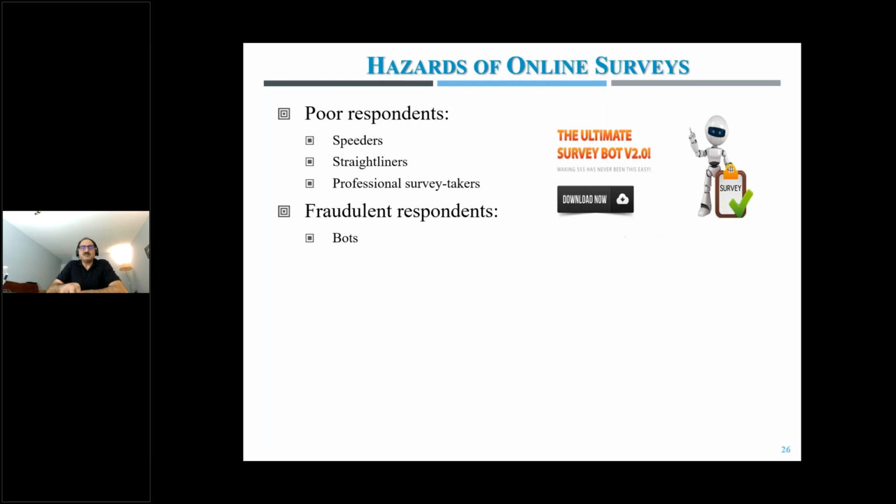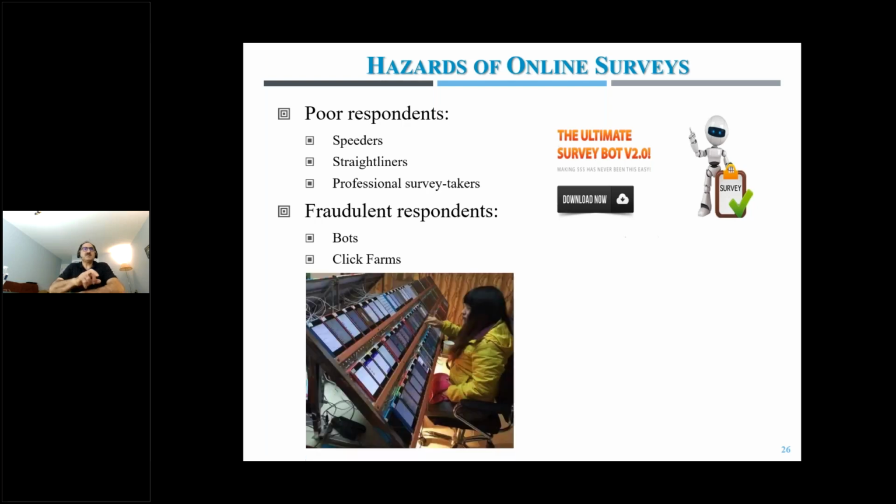What is still a serious problem and continues to be a serious problem are the so-called click farms. These are individuals who are actually sitting behind a bunch of cell phones, tablets, whatever, taking surveys by clicking away without even paying attention, simply to get to the end of the survey and collect the incentive.